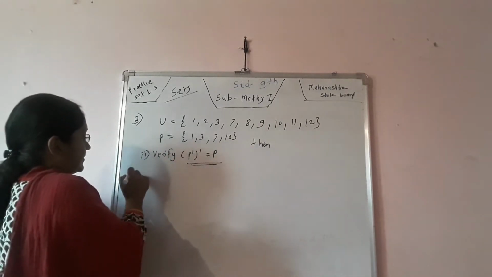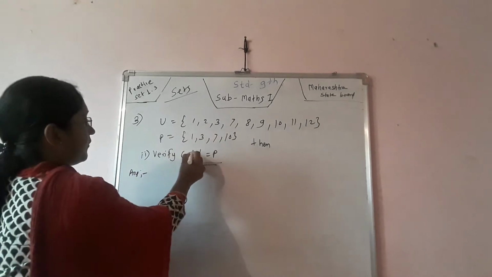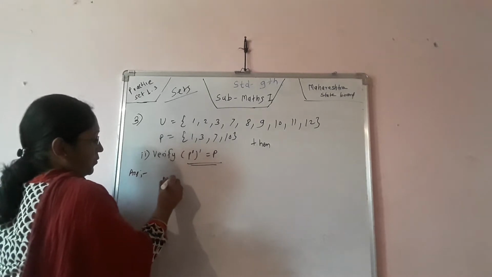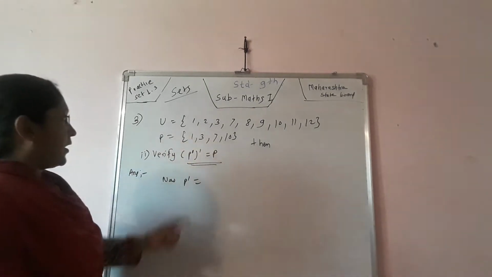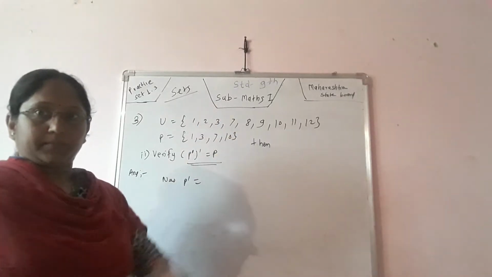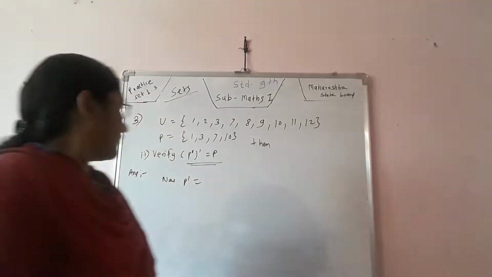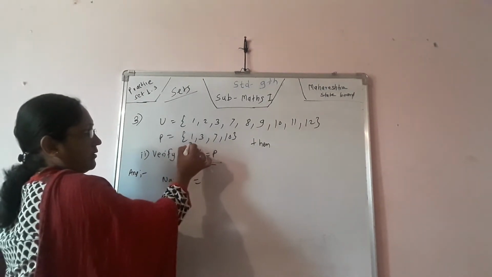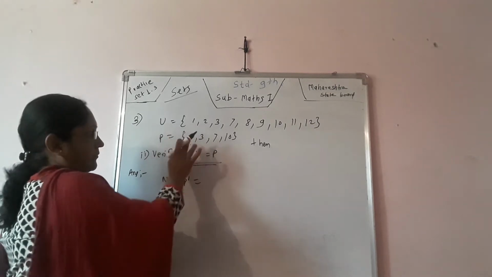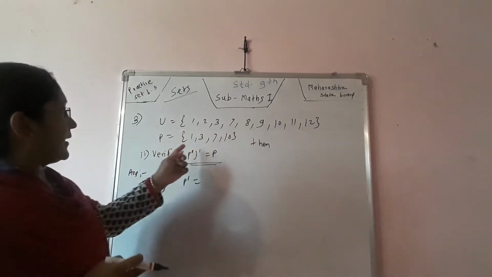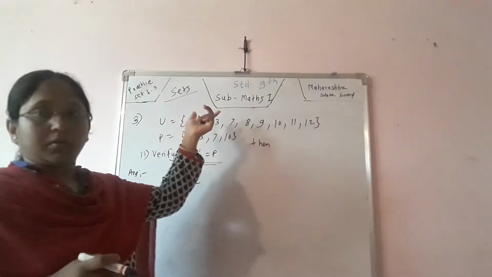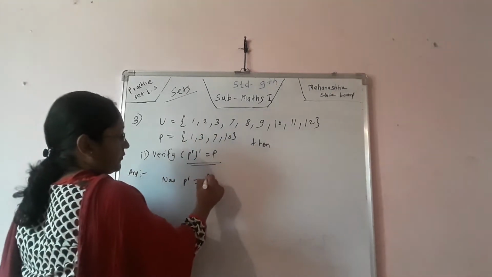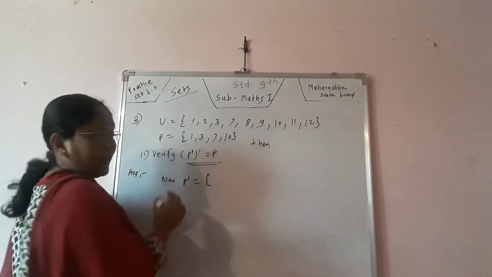So now, first we will find P dash. P dash is the complement of P. P dash is the set of those elements which are not present in P, and which are present in the universal set, then that set we call the complement, and it is represented by P dash.